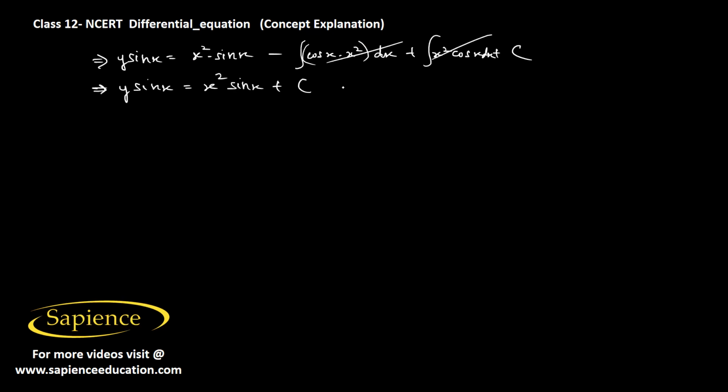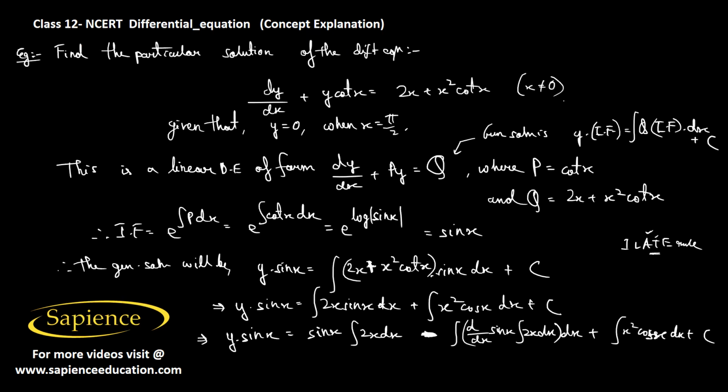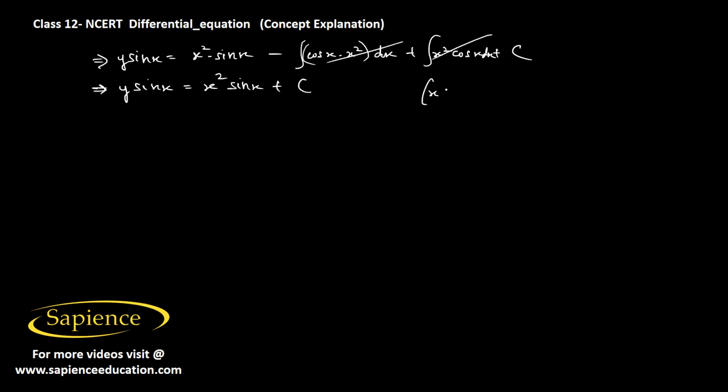So this is the required general solution, but here the particular solution has been asked. It is given that y equals 0 when x equals pi by 2. So we can put this here and find the particular solution.